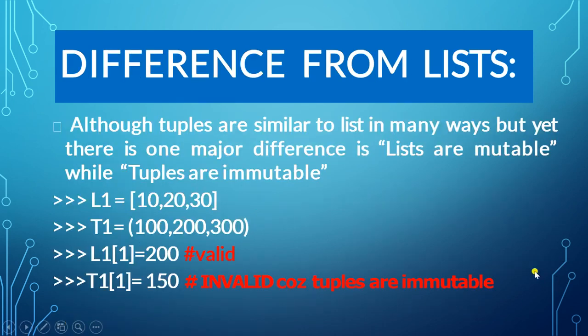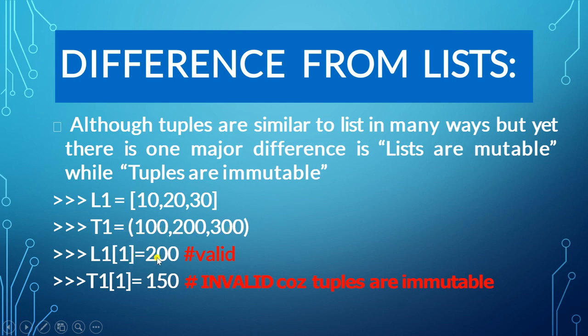Now next is difference from list. Tuples and lists are almost the same, but there is one major difference: lists are mutable and tuples are immutable. In list the values can be changed, but in tuples values cannot be changed. So L1 is 10, 20, 30 and T1 is 100, 200 and 300.